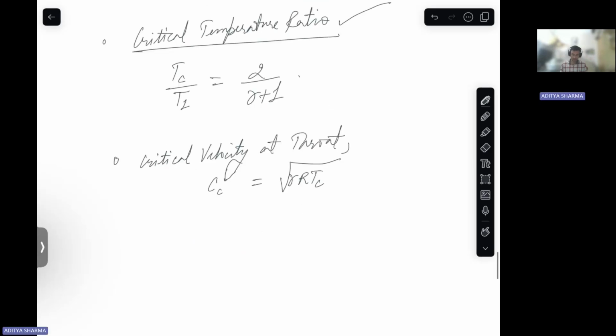Fundamentally, on the basis of enthalpies, it can be written as the square root of 2(h1 minus h), where h1 is for your inlet. Right. Like this.